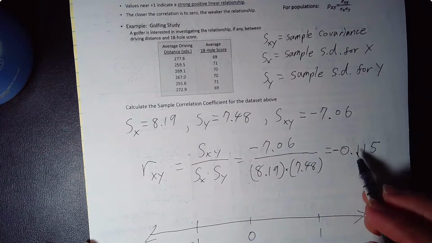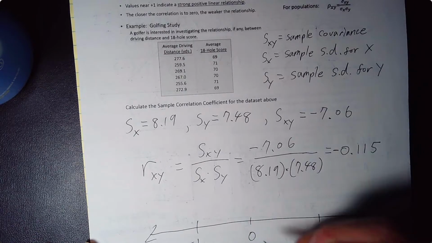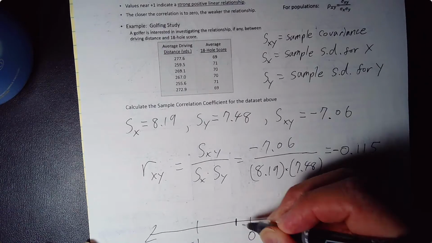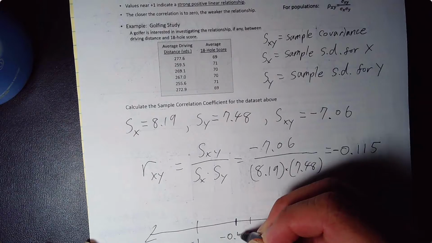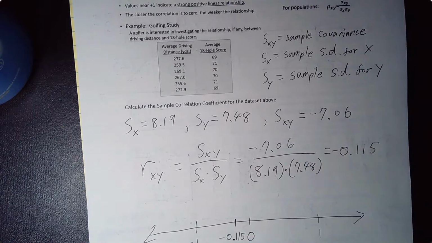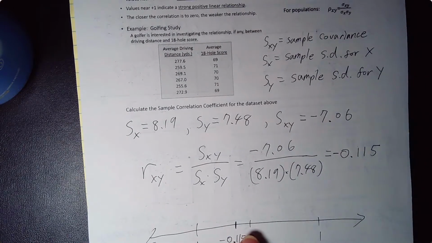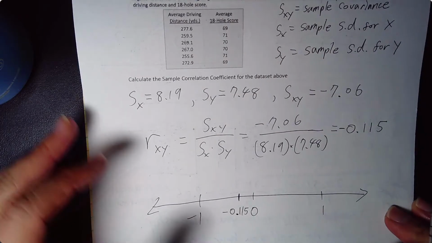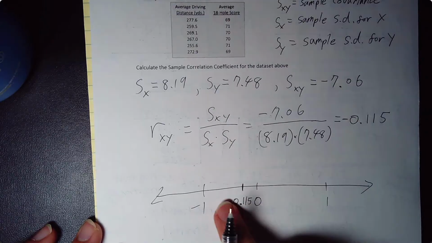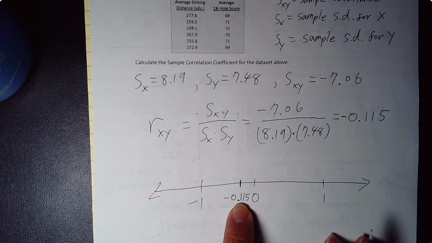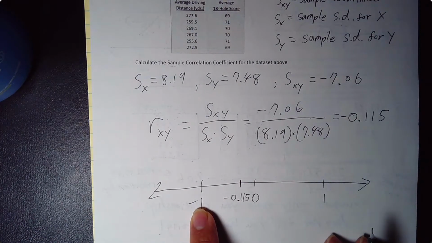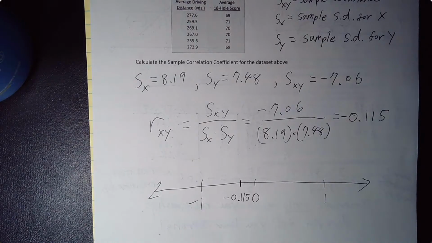Here we have negative 0.115, so that's about over here. Not that strong. We don't have any actual names to say how strong it is, but we just say this doesn't seem very strong. If it's closer to negative 1, it will be stronger.